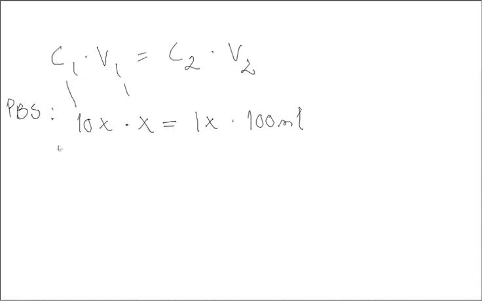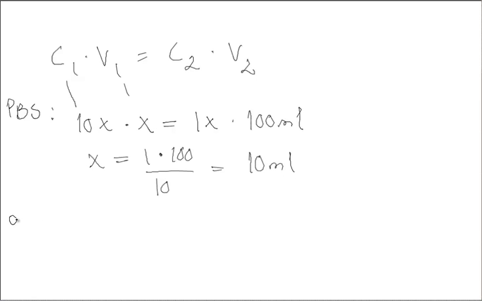And also in this case you can use the formula C1 times V1 equals C2 times V2. So this formula for dilution can be used for molar concentration from 10 times and so on. And the X will then equal 1 times 100 divided by 10, and that gives 10 milliliter. We're going to take 10 milliliters of PBS.